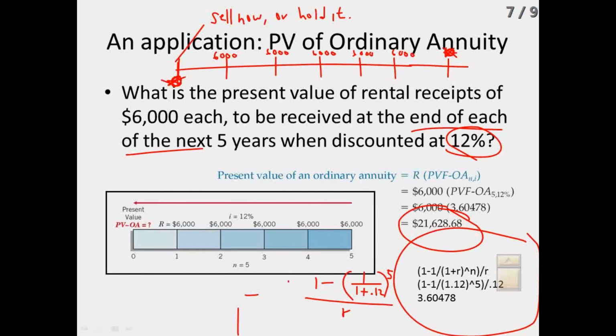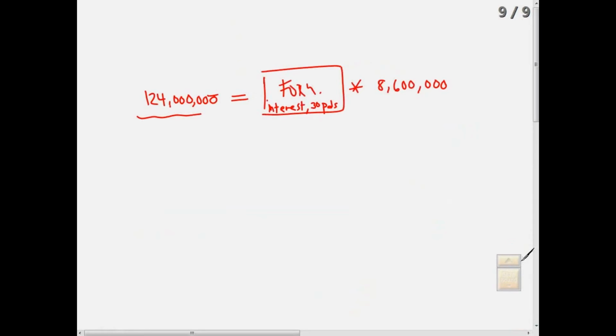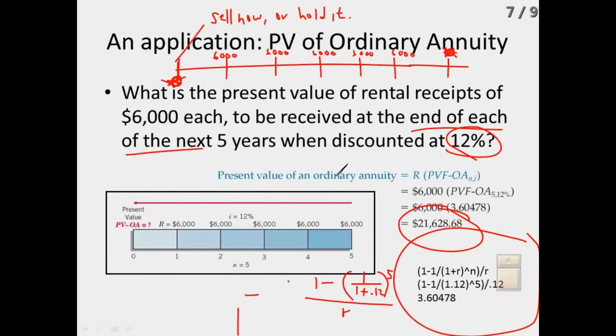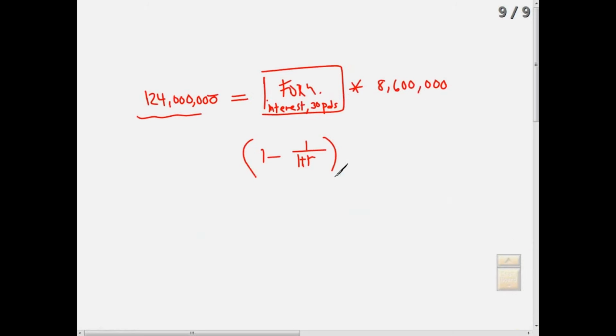Okay, so we're going to need something like one minus 1 over 1.1. No, I'm sorry, 1 plus r. We don't know r. We raise this, just the inside, to the number of periods, and then divide by r. So take this to the 29th, divided by r.